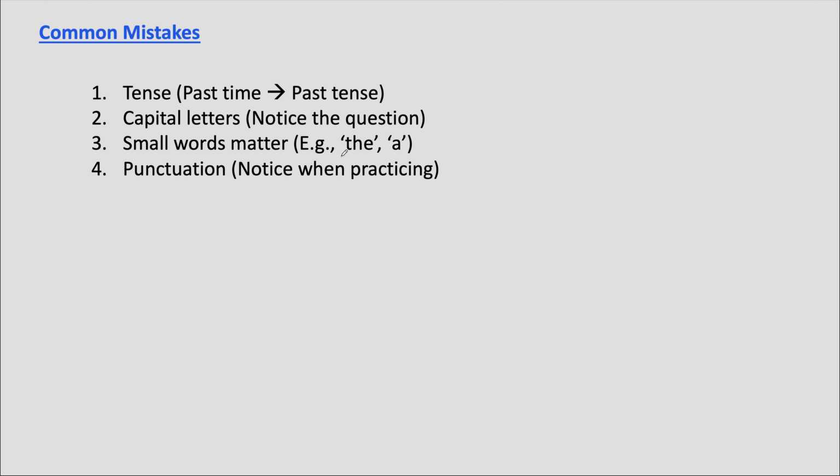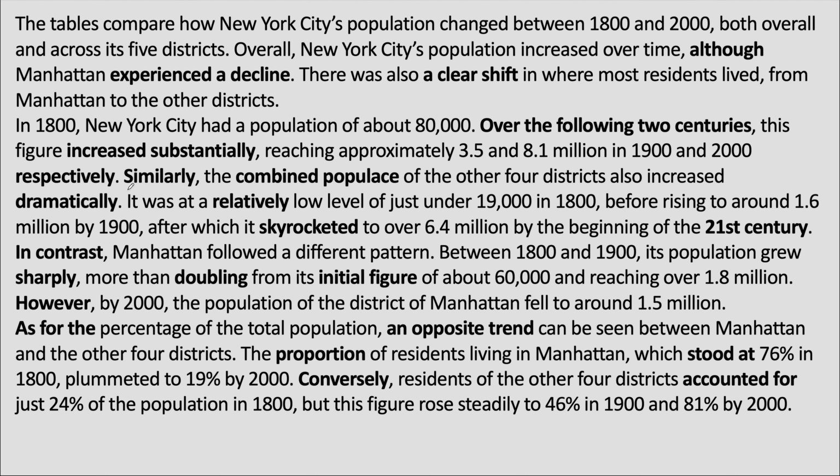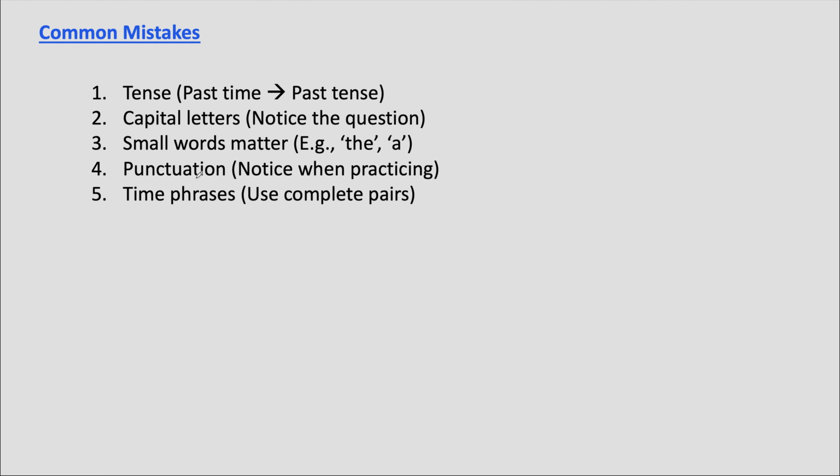Punctuation matters in writing. For example, when we use linking words like similarly and however, there is a comma after them. These are small details, but they affect clarity. So notice the full stops and commas when you are studying. Time expressions also need attention. So when you're using between and from to, make sure you're using full phrases and using them correctly.